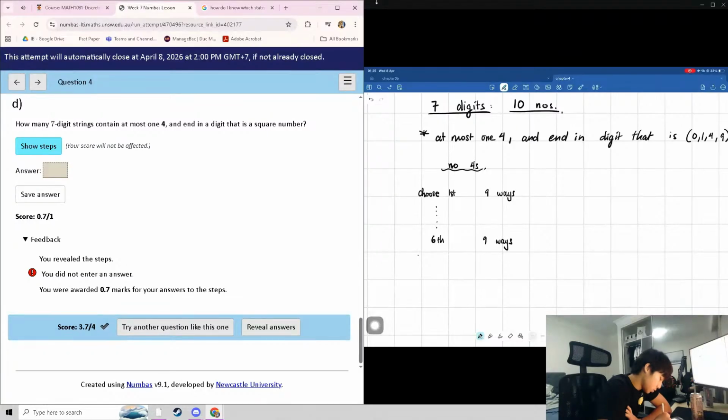The end is: choose the 7th digit, 3 ways.